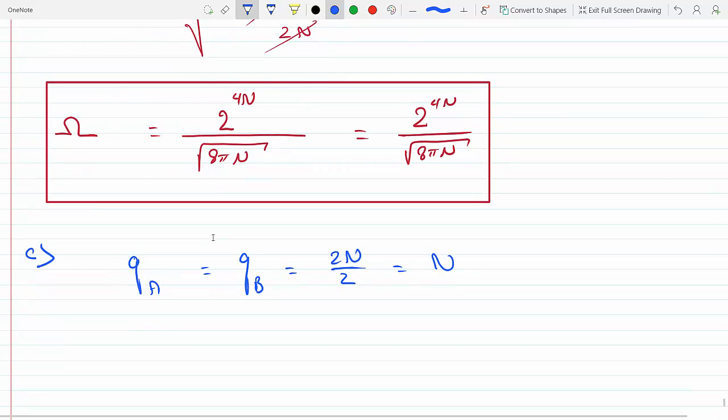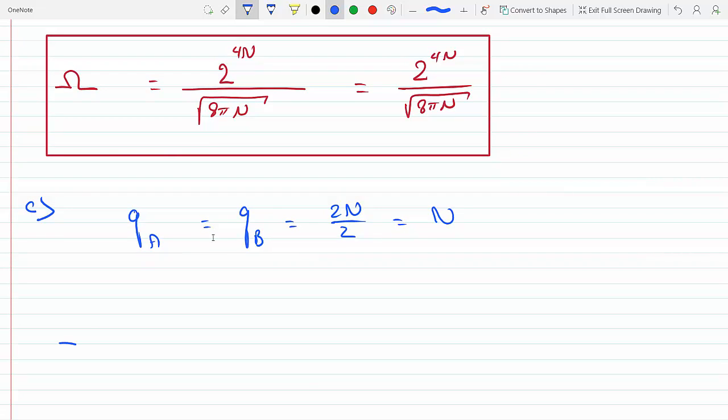Then we could find the multiplicity of solid A by using the formula from problem 218, and since it's shared equally, solid A and solid B will be the same, so we could just find it for one of them. So the multiplicity for solid A is the most probable.